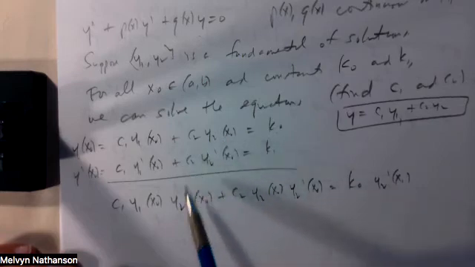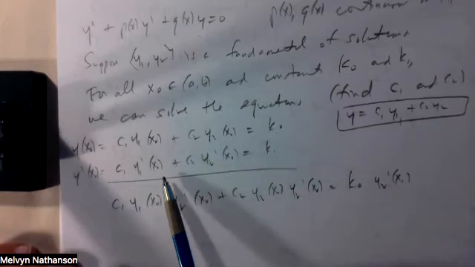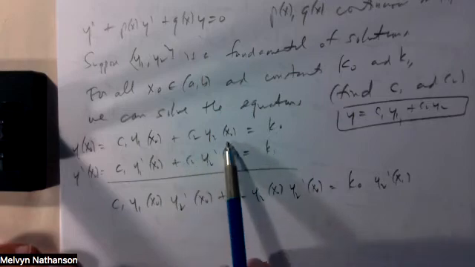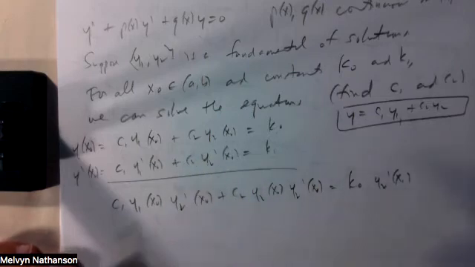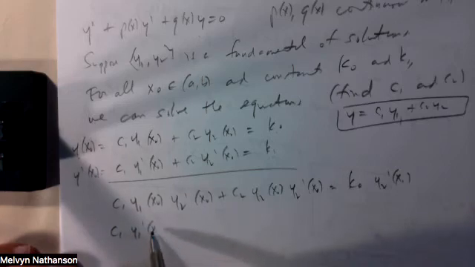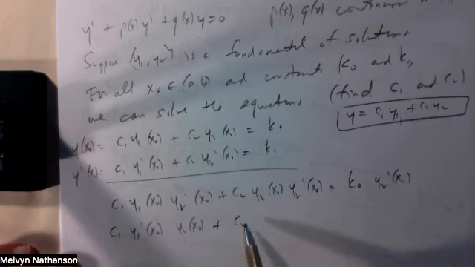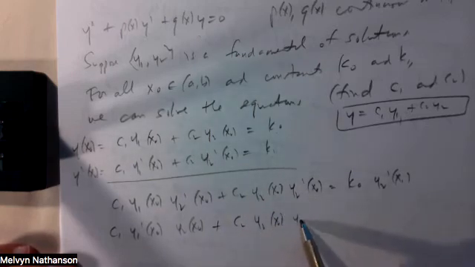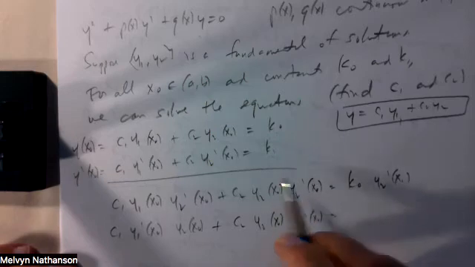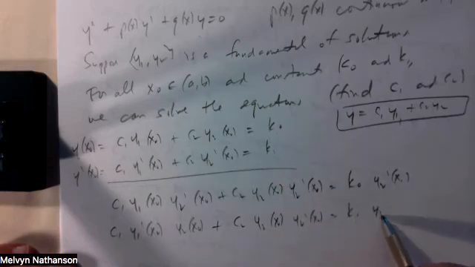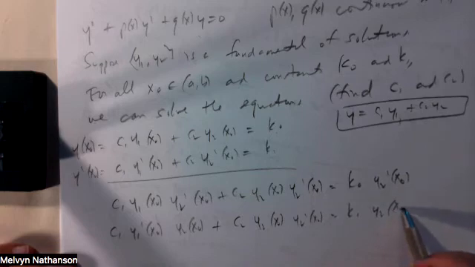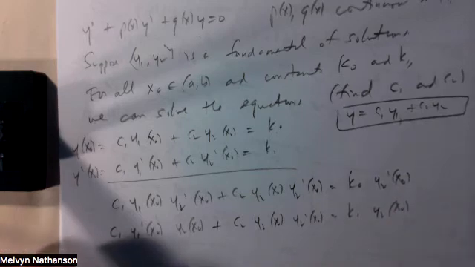So I'm going to be eliminating C2. And I multiply the second equation by y2 of x naught. I get C1 y1 prime of x naught y2 of x naught plus C2 y2 of x naught y2 prime of x naught equals k1 y2 of x naught.